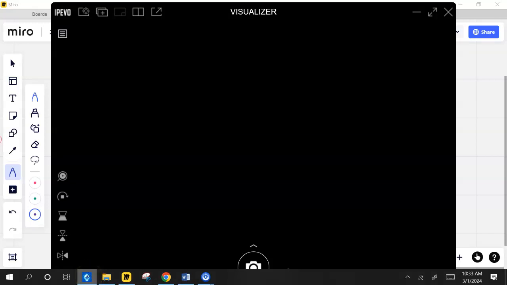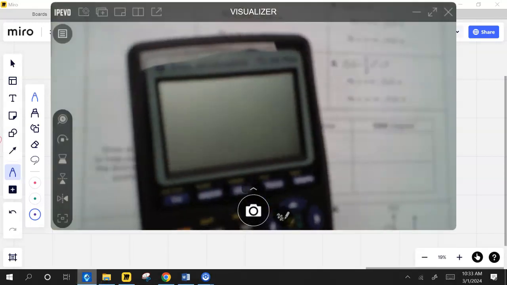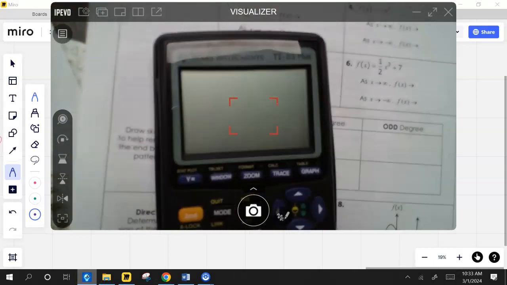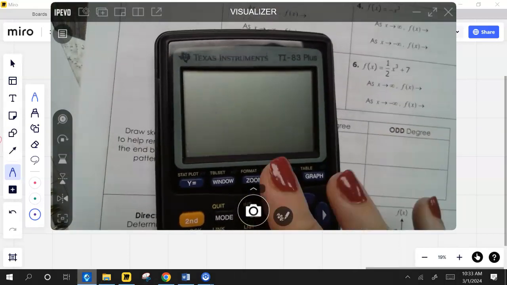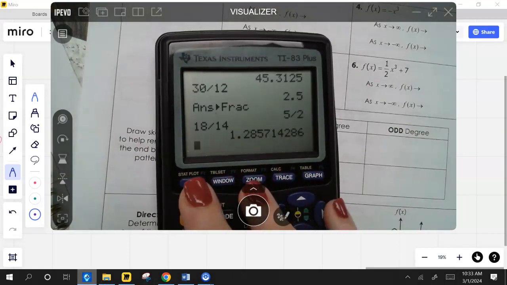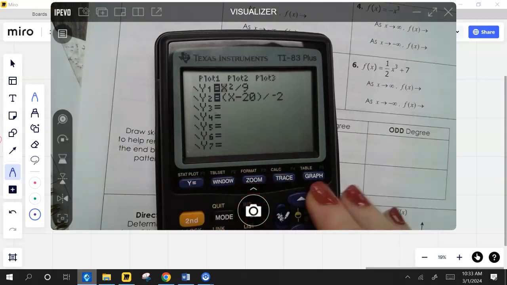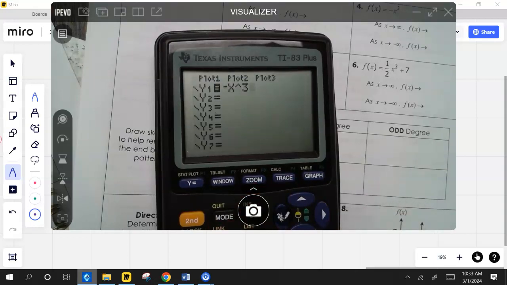Gotta put a negative. Y equals negative. Make sure you use the negative that's below the 3, not the subtraction sign. Negative x to the third. What'd I say? Plus 4.